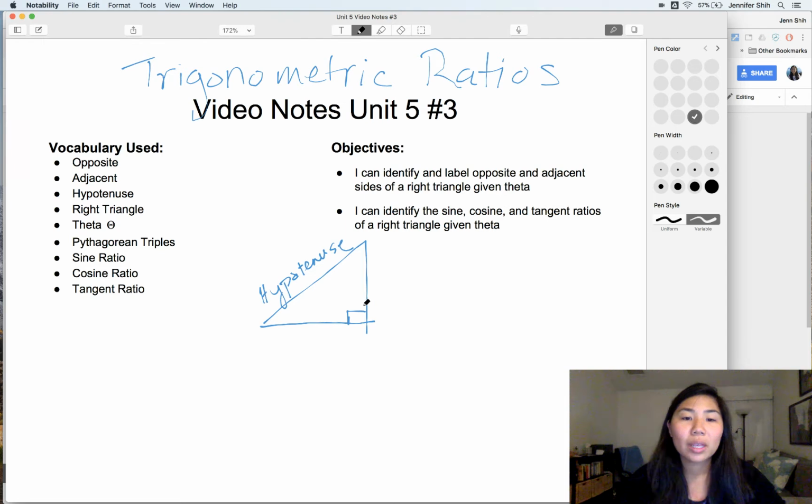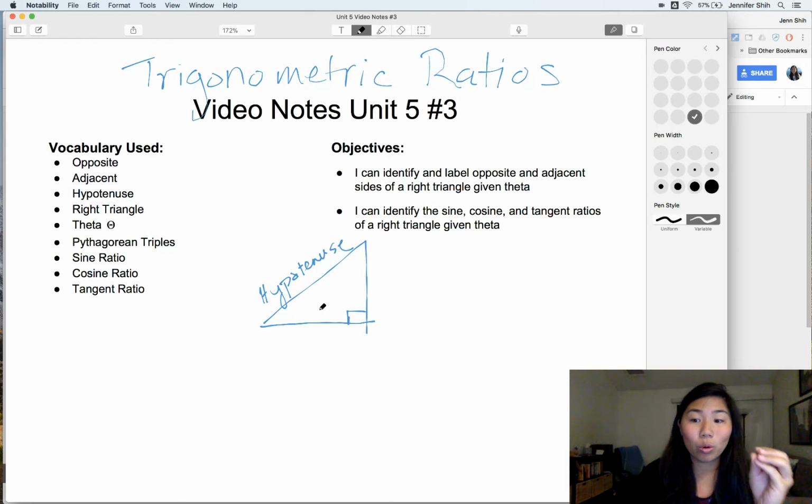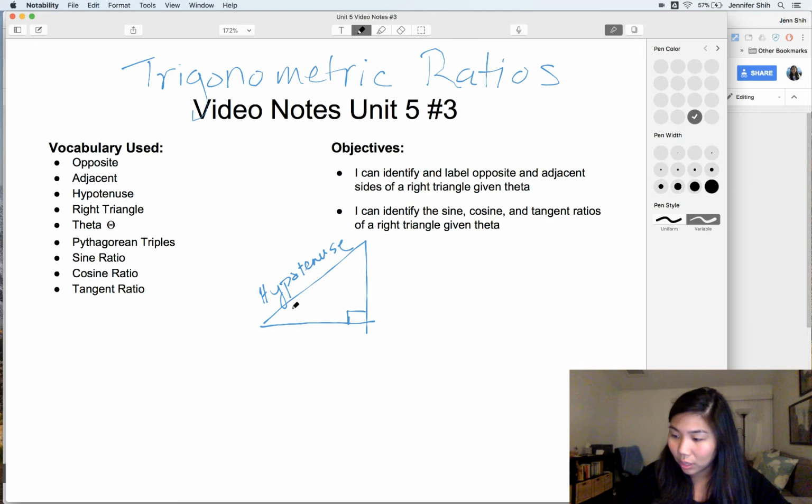Sorry. Okay, so there's no way that we can really identify the sides of a triangle unless we ground ourselves in a point or an angle that tells us which side. So I'm about to show you this symbol here called theta. So I'm going to zoom in on this. So this is called theta. And it is a Greek letter.